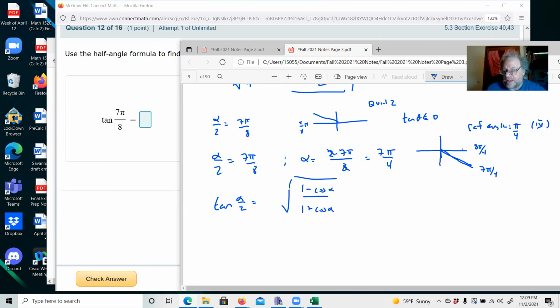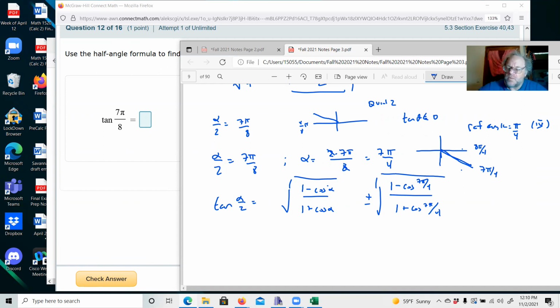I think we're okay with that. This is 4th quadrant stuff. Cosine is going to be positive. So we're going to do plus or minus the square root of 1 minus cosine of 7 pi over 4 divided by 1 plus cosine 7 pi over 4.